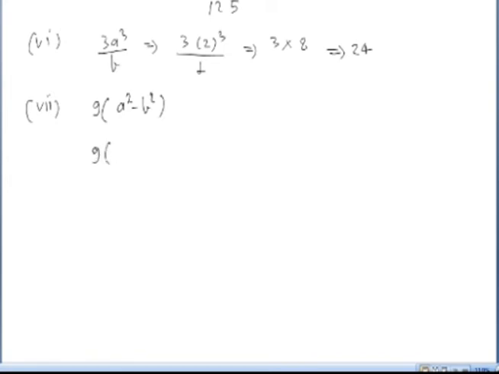We know the value of a is 2, so 2 square, and the value of b is 1, so 1 square. First solve this bracket: 4 minus 1 is 3. So 9 times 3 is 27. Question number 8.